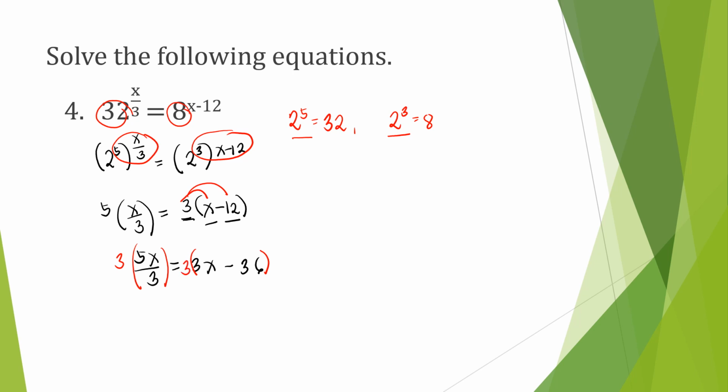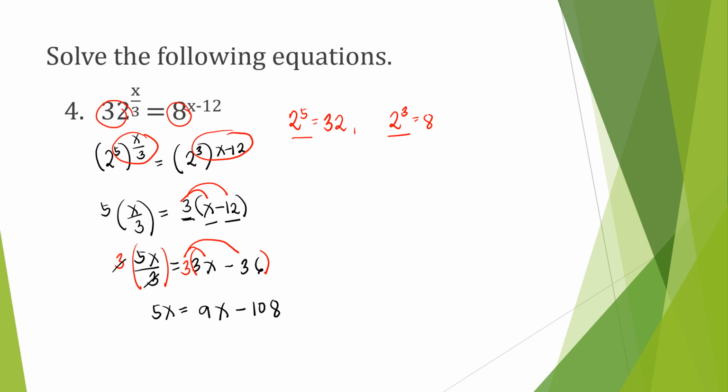So 3 multiplied by 5x over 3, this one is 5x, is equal to, let us use distributive property again. So 3 times 3x is 9x. 3 times negative 36 is negative 108.